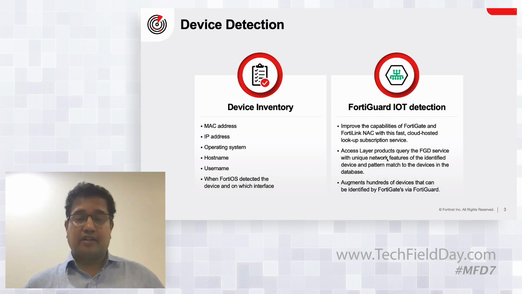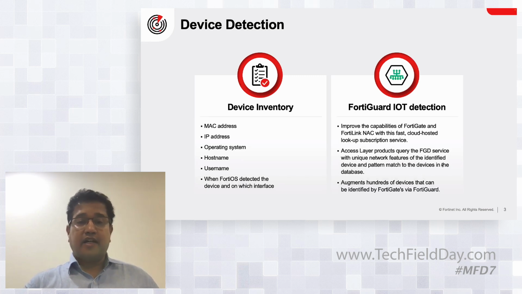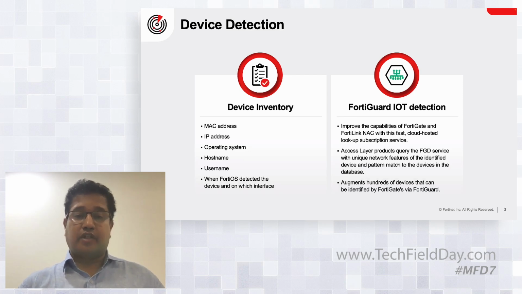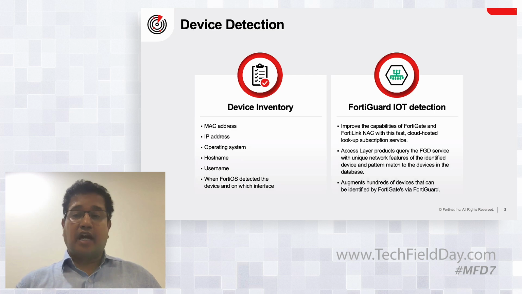Access layer products like FortiAP and FortiSwitch query FortiGuard services for identifying devices and patterns from the FortiGuard database. It also augments the hundreds of devices that can be identified by the FortiGate via FortiGuard. These FortiGuard IoT detection capabilities automatically discover and segment IoT devices based on FortiGuard's intelligence and enforce appropriate policies based on how the NAC policies are defined.